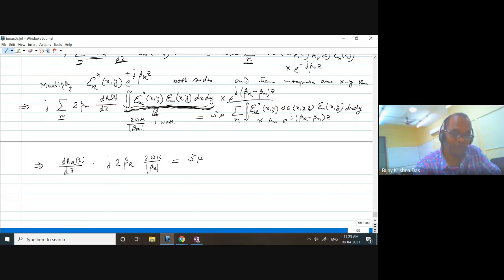So there I will be writing, as usual, the integration of ek star xy, the perturbation term, which is intentional, that we can control ourselves, en xy dx dy times an z, obviously a z function, and e to the power j beta k minus beta n z.